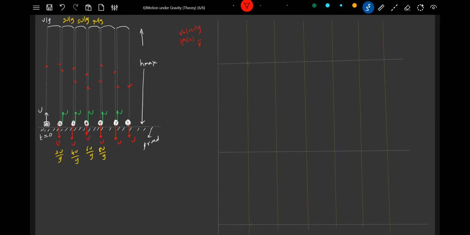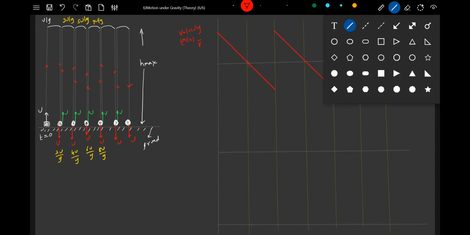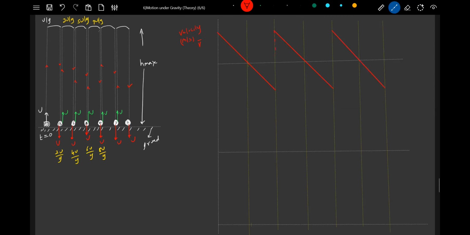V and this is time. So this will become: I projected with a velocity u. First it undergoes retardation, so the curve will be like this.